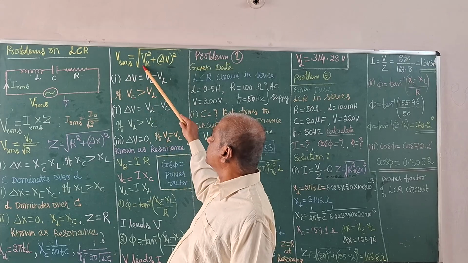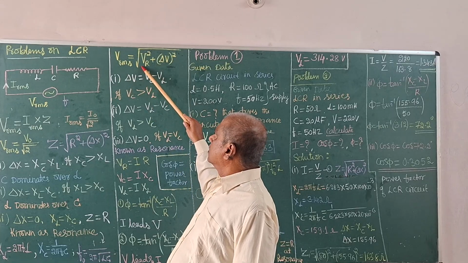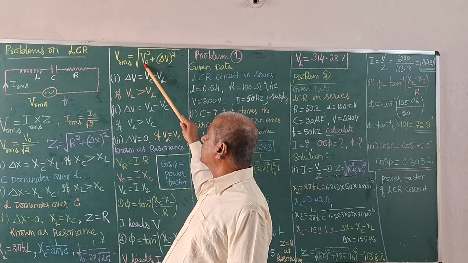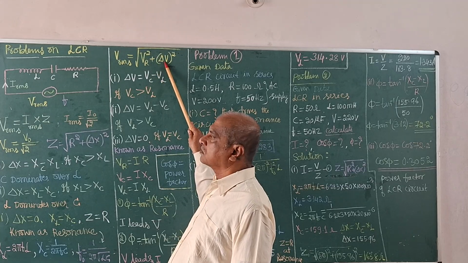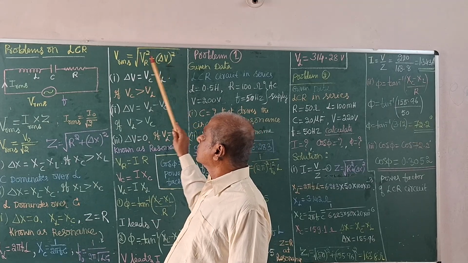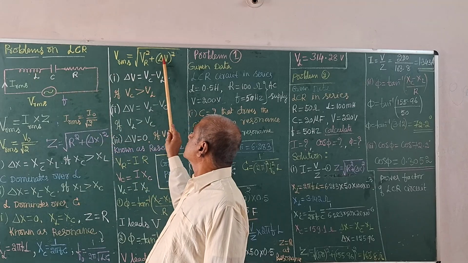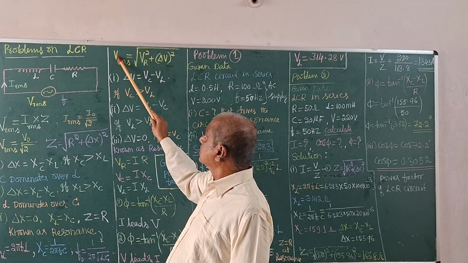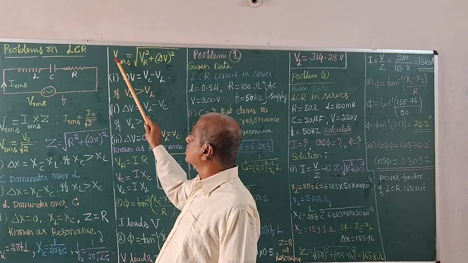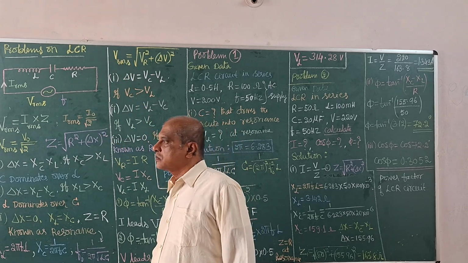You have to take this summation: the voltage drop at the resistor plus the difference in voltage drops at these two components, delta V, whole square. This summation is the total source voltage in the circuit.